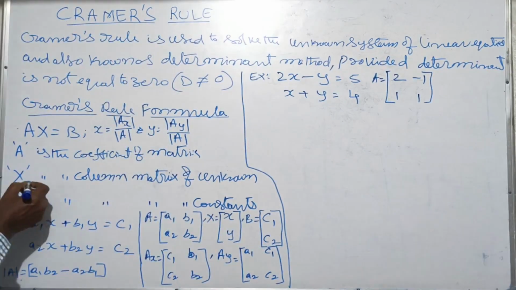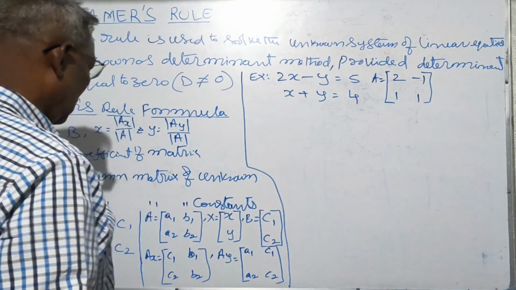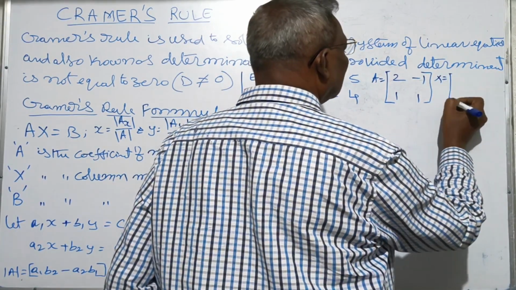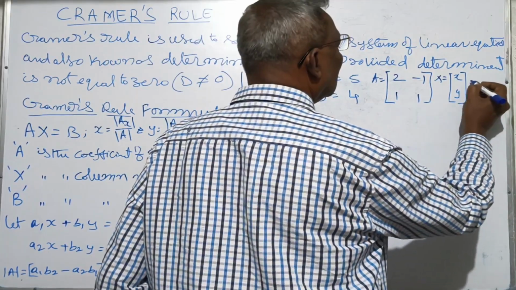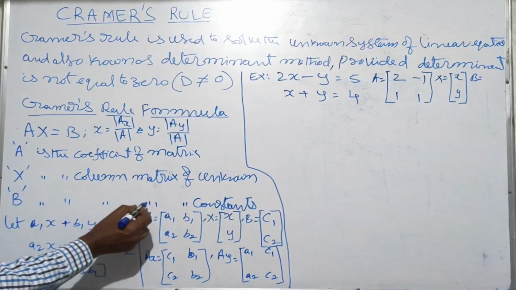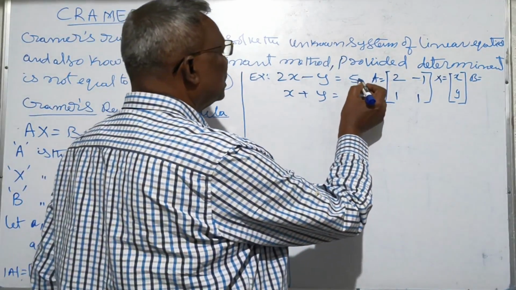Next, X is the column matrix of unknowns, that is X is equal to x, y. Then B is the column matrix of constants, constants means 5, 4.